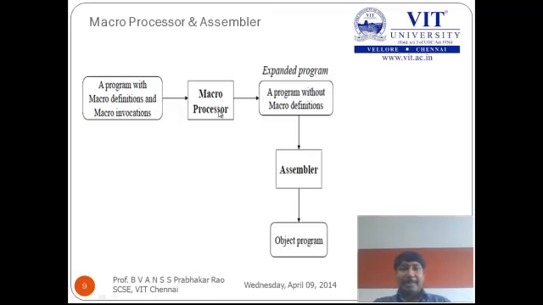Earlier we discussed a source program supplied directly to the assembler, and the assembler converts the program into equivalent object code in a proper format. But here the assembler receives the program after it has been expanded by the macroprocessor, and only then are we generating the object codes.